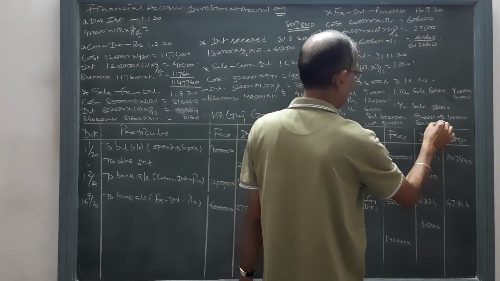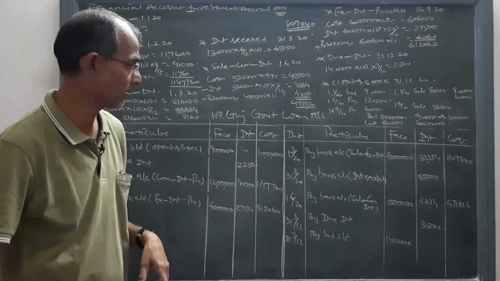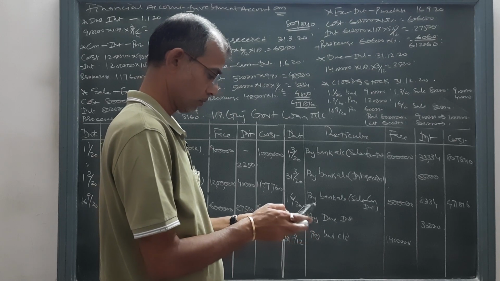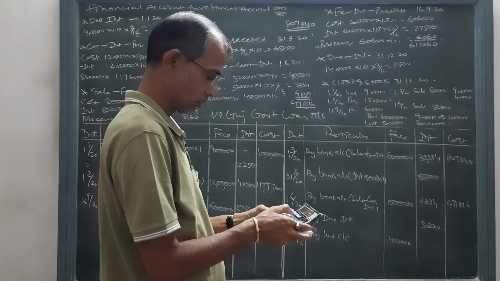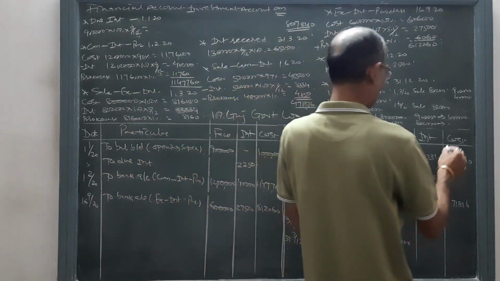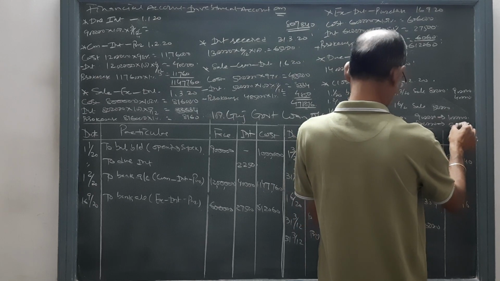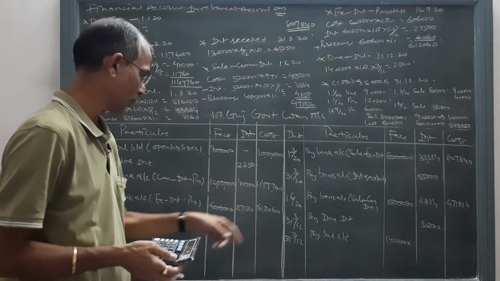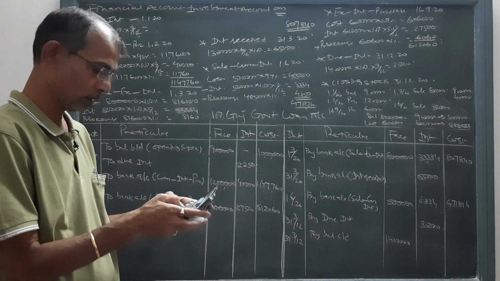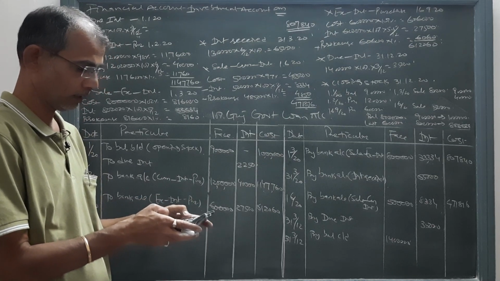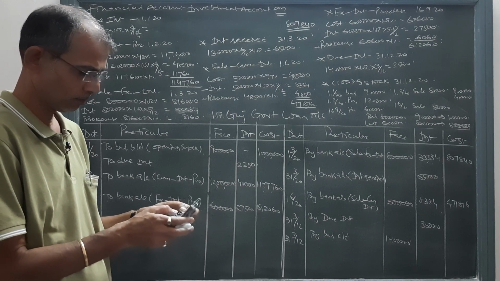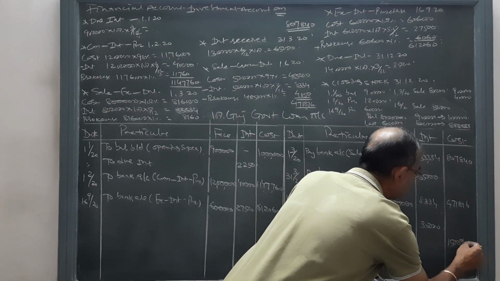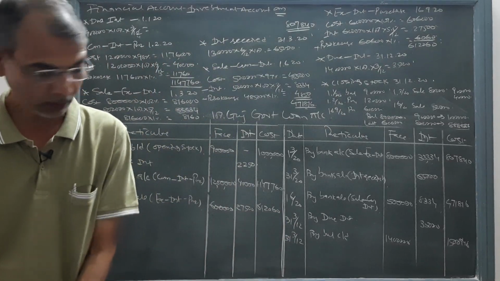So the balance of 8 lakh will be 8,88,888, and this is purchased at 6,12,060 plus 8,888, 15,948 will be the value of the closing stock.